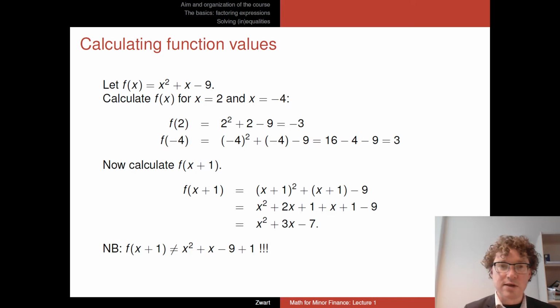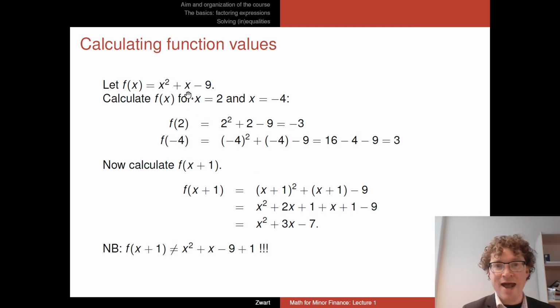Note that we allow this f to work on whatever we put in. If you put in something more complicated, for instance not x but x plus 1, then we follow the same rules, but now operate them on x plus 1. What do I need to do? I have to square this input, so I have to square x plus 1, hence x plus 1 squared.